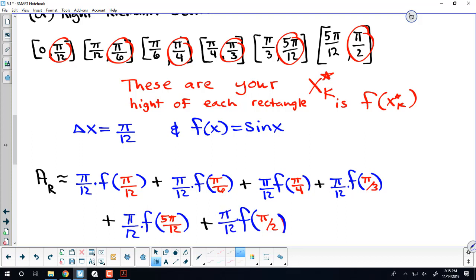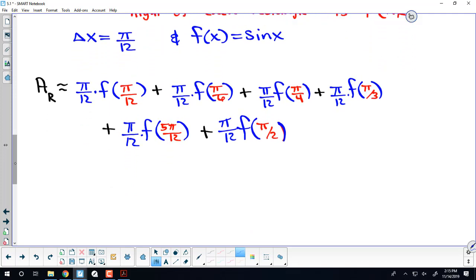And really we can see that the delta x is involved with every term. So you could just leave the delta x out, sum up the function values, and then multiply by delta x. It might take a little less time to write all that down if you're just writing it once. And so this is pi over 12 times the sine. F of x is sine of x, so this f of pi over 12 is the sine of pi over 12.